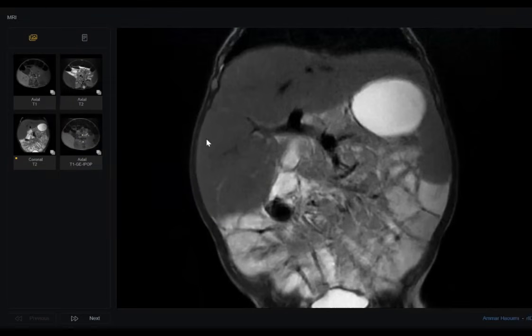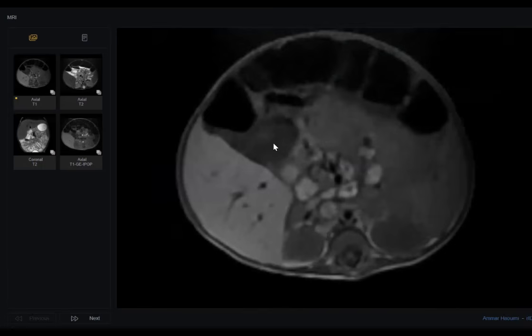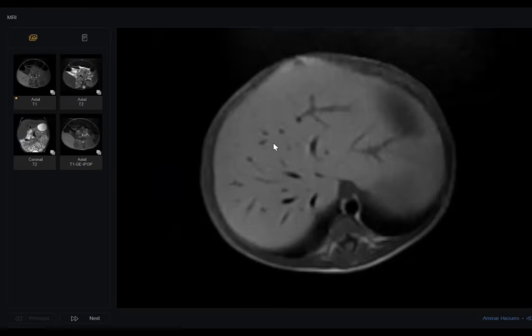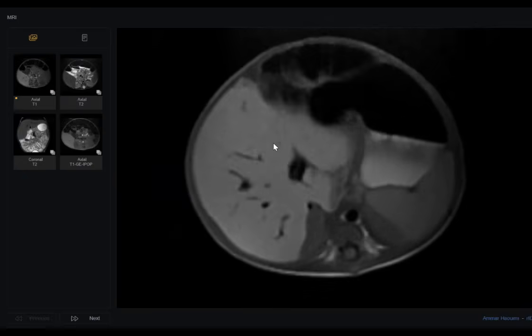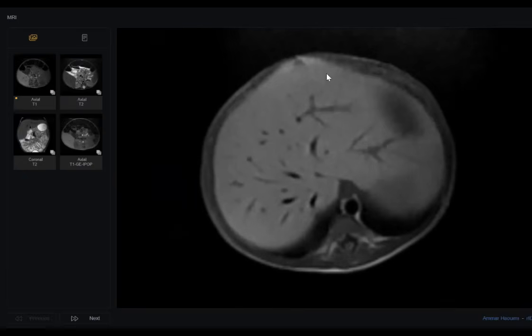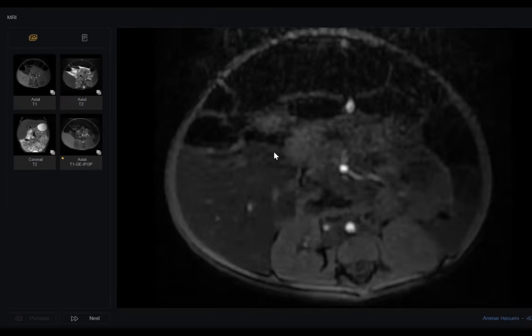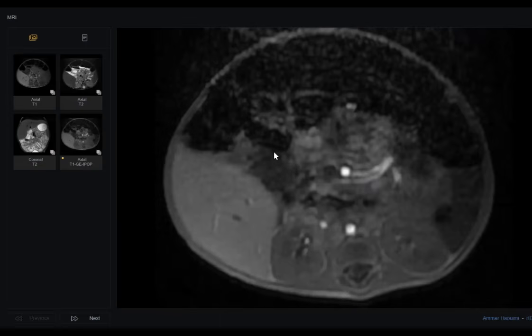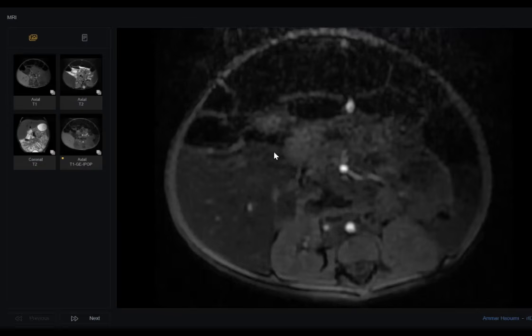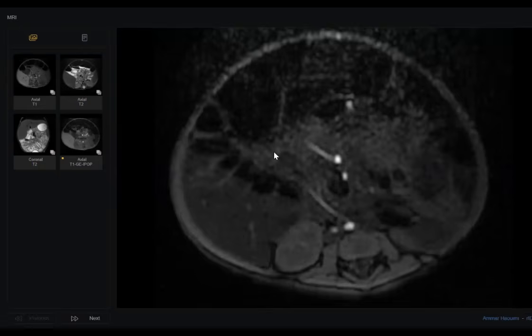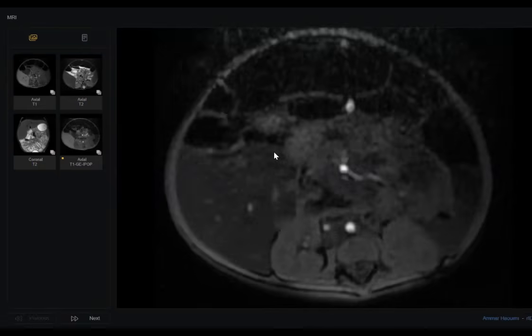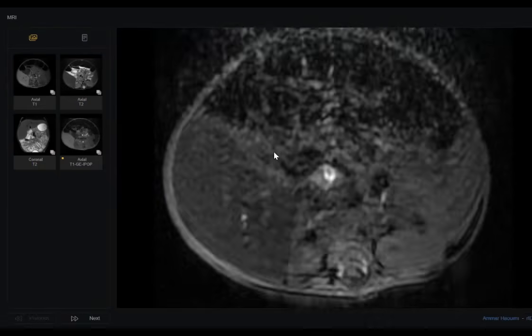So we must revise T1 in phase and out of phase. I think this liver, if we look at in and out of phase, see, this is in, this is out, in, out, in, out. So this is fatty infiltration of the liver.